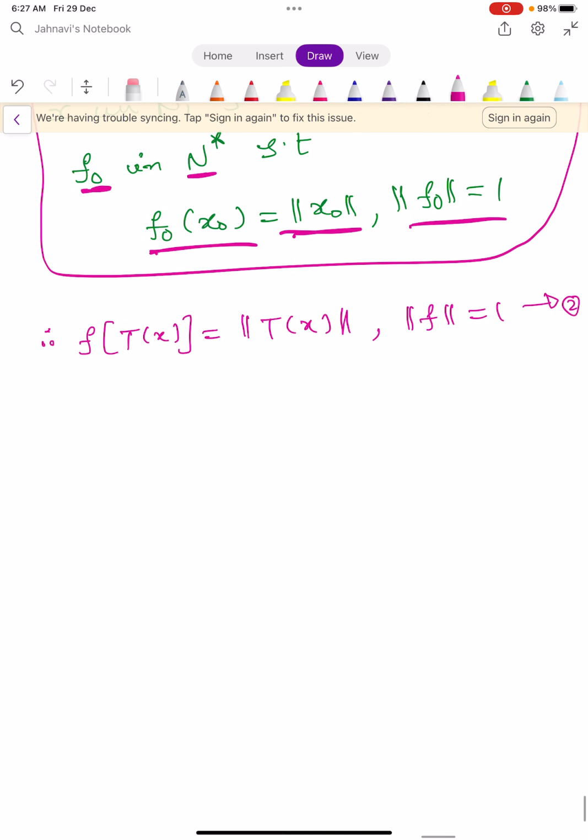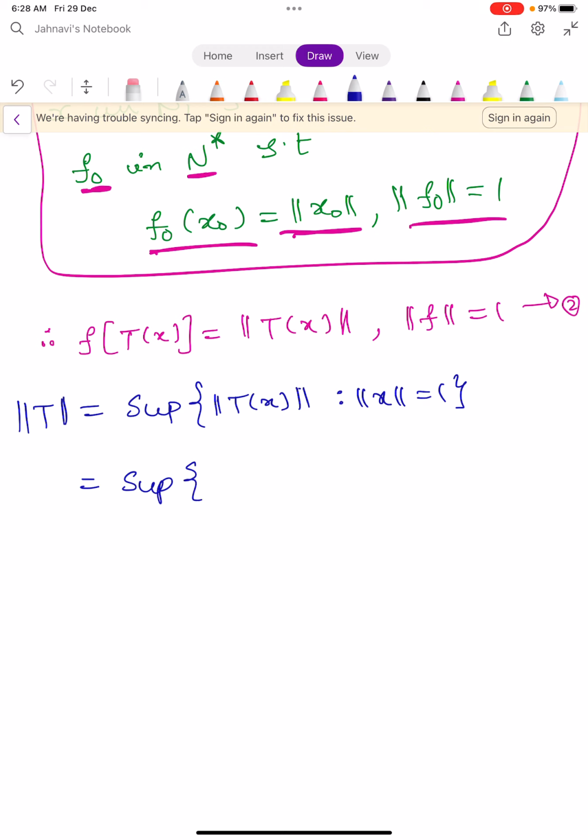So now, again, we write the definition of norm T. Norm T is equal to the supremum of norm T of x such that norm x is equal to 1, which is equal to the supremum of norm f of T of x such that norm f is equal to 1, norm x is equal to 1.